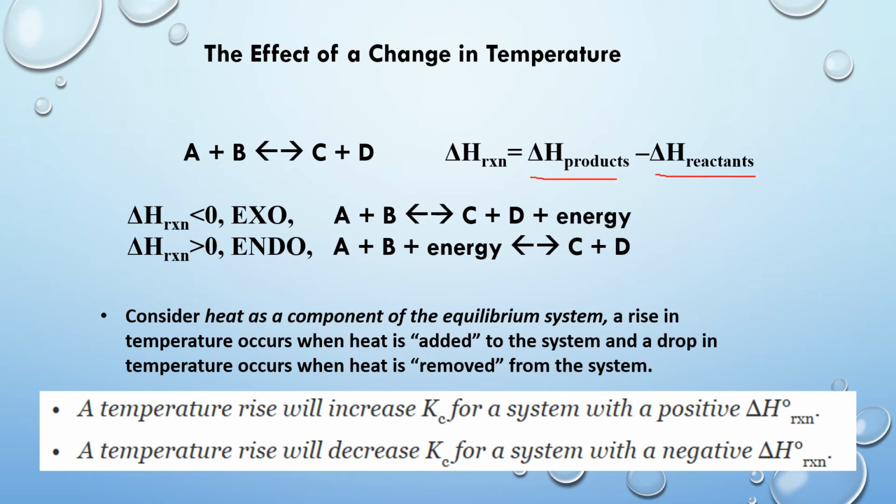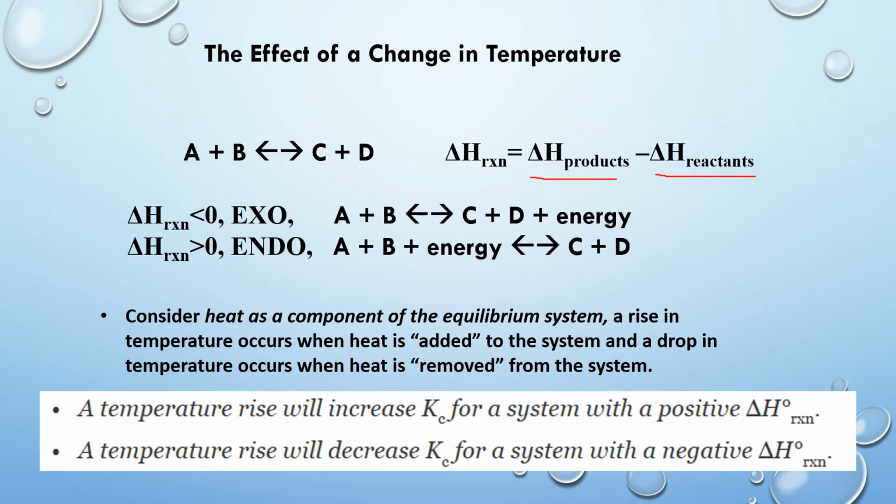If your delta H of the reaction is less than 0, meaning the energy of the product is smaller than the energy of the reactant, which gives you a negative value, we call it an exothermic reaction, meaning that energy is being released.